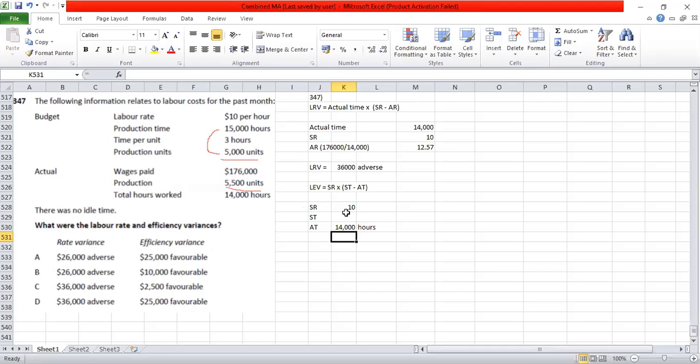For every unit it takes 3 hours, so it is 3 into 5,500. This is called the standard time for actual output.